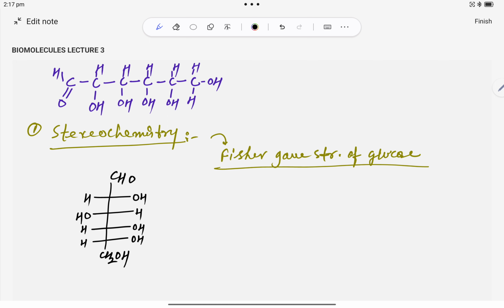How many chiral carbons are we having? First carbon, and this is the carbon number 2. Here OH is on the right side, and at the third, OH is on the left side.